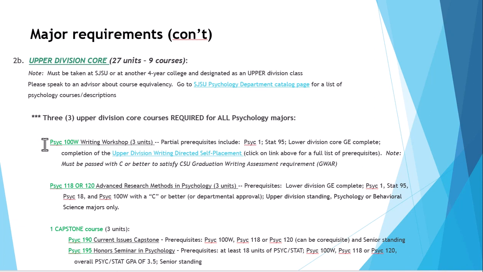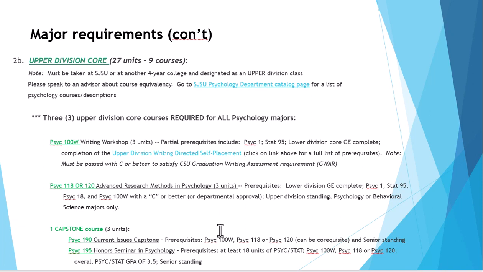Okay, so you're going to take 100W first, and then the next semester Psych 118, and then the next semester after that, you should be ready to enroll in your capstone course. Most psychology majors take Psych 190, which is the current issues capstone. Here are the prerequisites for enrolling in Psych 190, right?